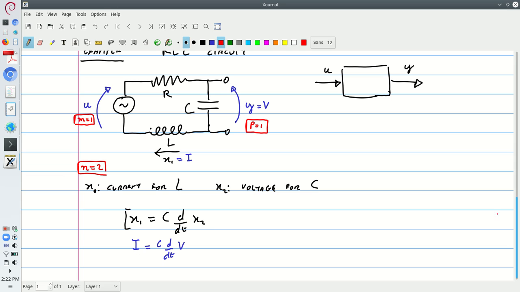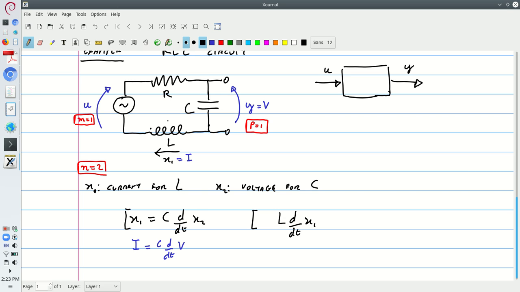And we have already written one relationship for the state that is given by this. This is a fundamental relationship for capacitors. We also have another relationship for the inductor. We know that the voltage applied on our inductor is given by L, derivative with respect to time of the current of the inductor.